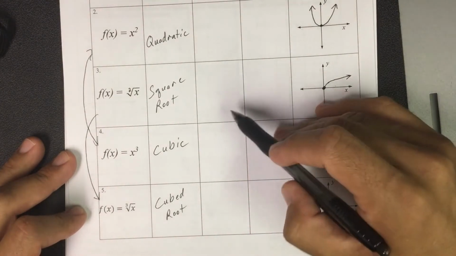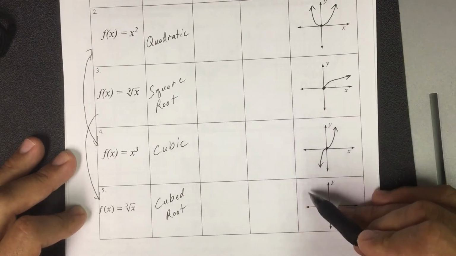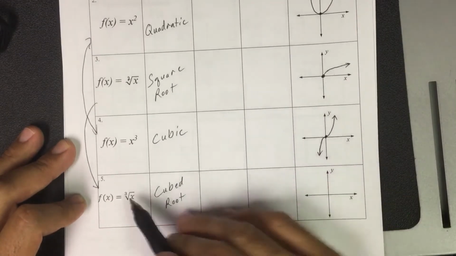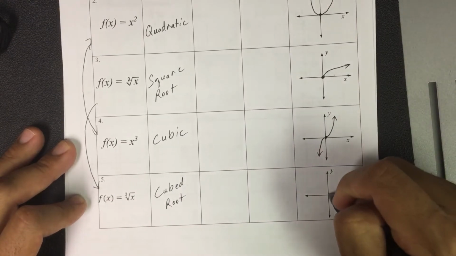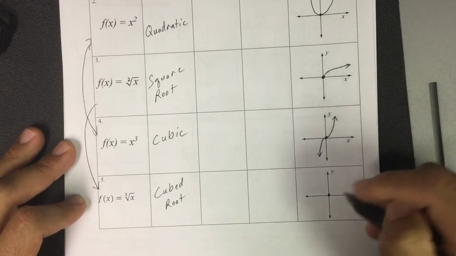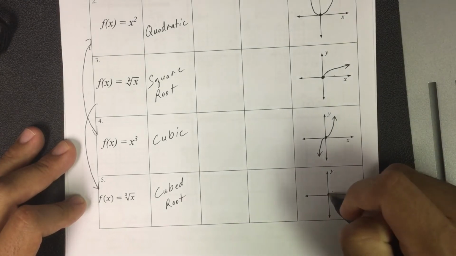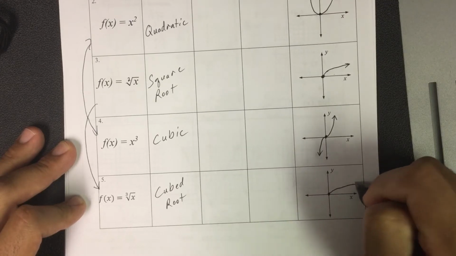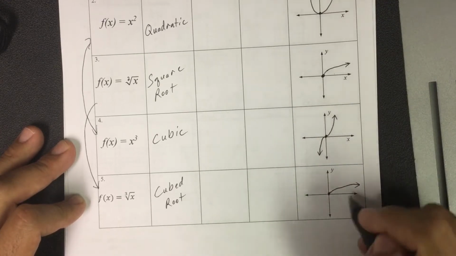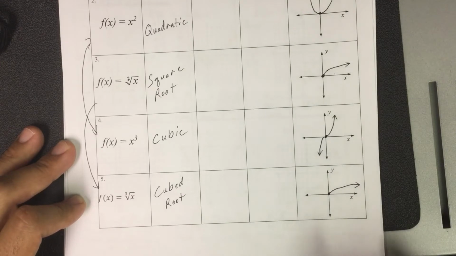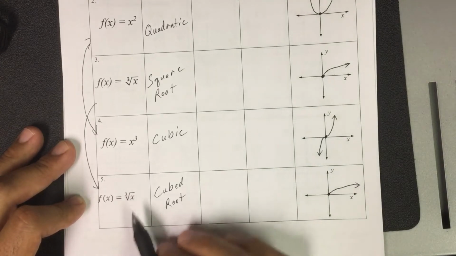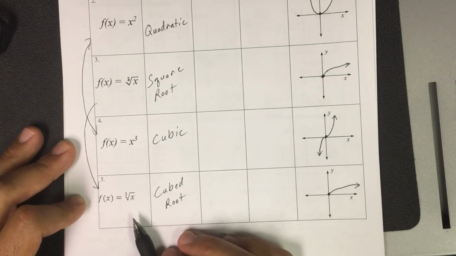Sticking with the same idea, the square root looks like the cube root. Okay? It's the cube root, so it goes a little bit faster, but still 0 is 0, 1 is 1. And then from there it gets a lot tighter. And I didn't really make it look tighter, but it's really, really short and fast. Now the difference is on a cubed root, I can have a negative answer.